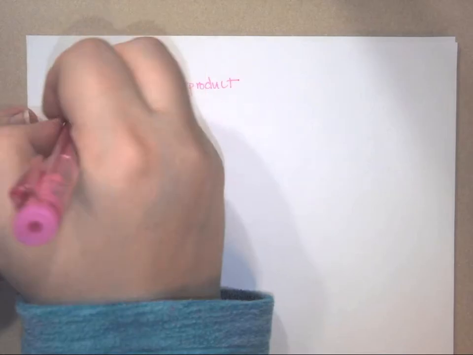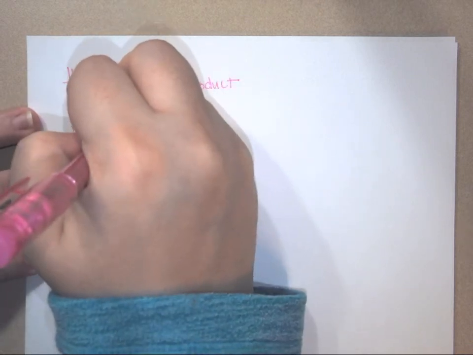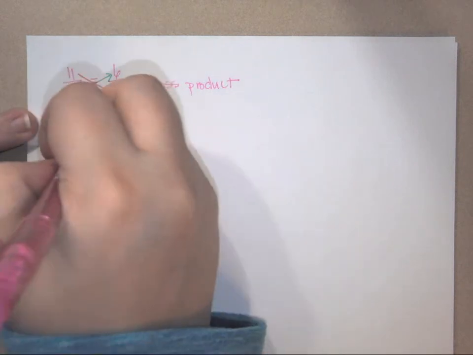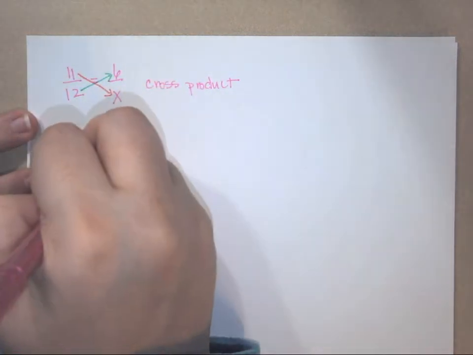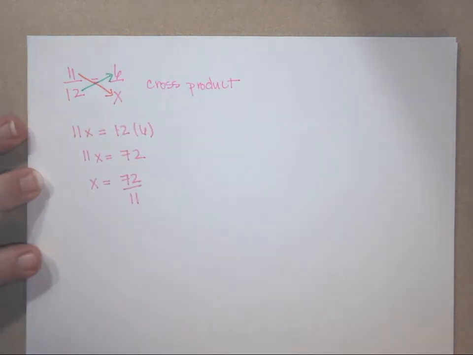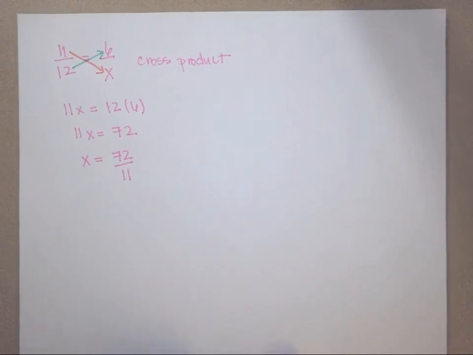So here we're going to have 11x is equal to 12 times 6. So in this case, we'll solve 11x is equal to 72. So x is equal to 72 over 11. Now notice I used a simplified fraction.